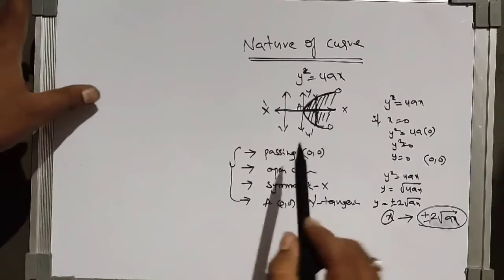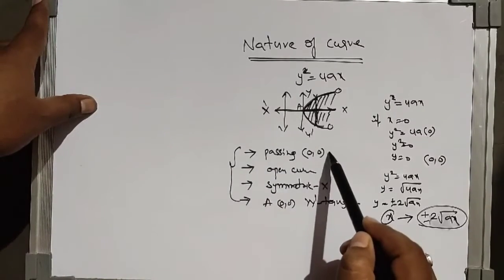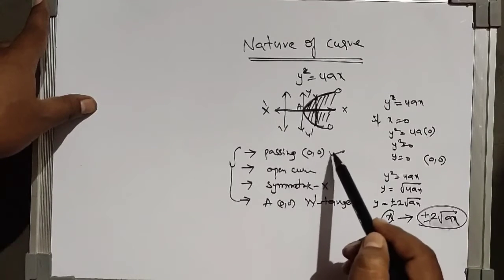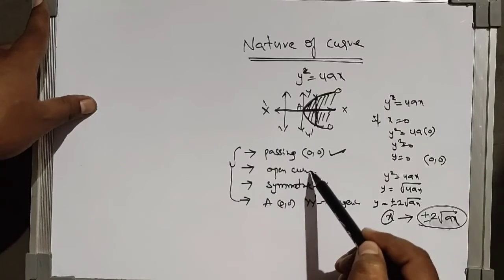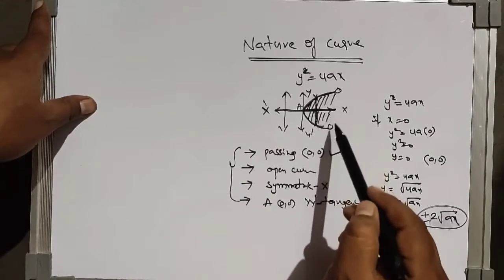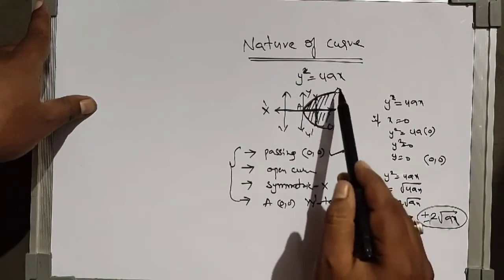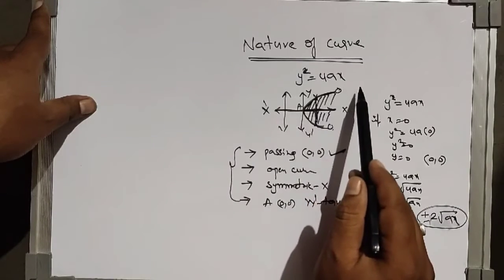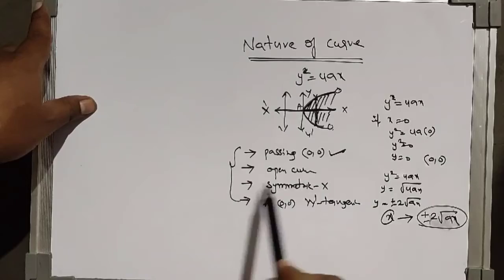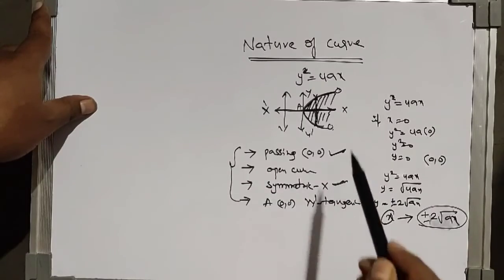First of all, the parabola is passing through 0 comma 0, and it is an open curve. The two ends of this curve do not meet at any point, because if you increase the x value, the y value will also increase. It is symmetric about the x-axis.